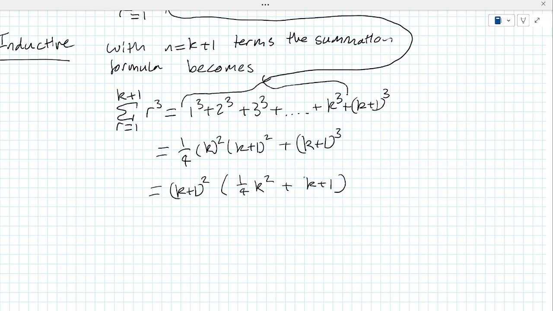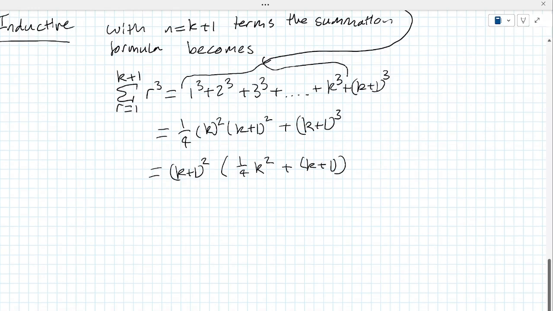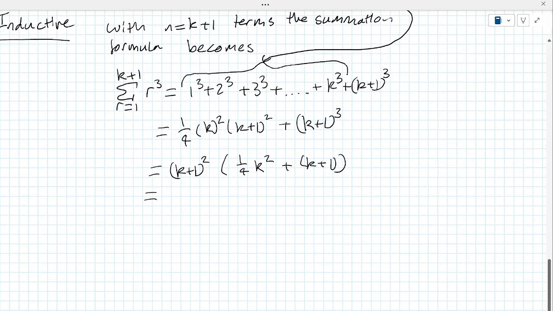For me, I'll actually just put this in brackets so it's easier for me for the next step, the next step being taking the quarter out of this bracket. So if I take the quarter out, then it'll be 1 over 4, k plus 1 squared, then we have k squared plus 4k plus 4, and then we can just expand that out.